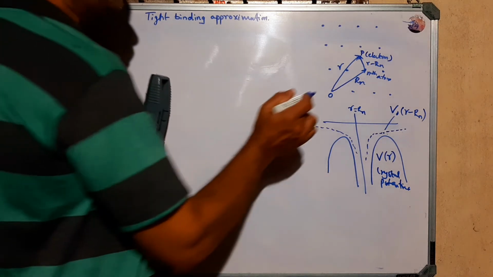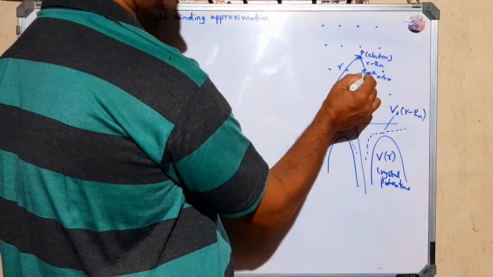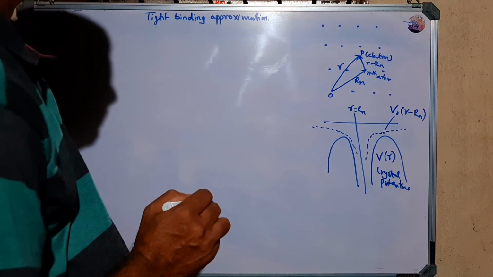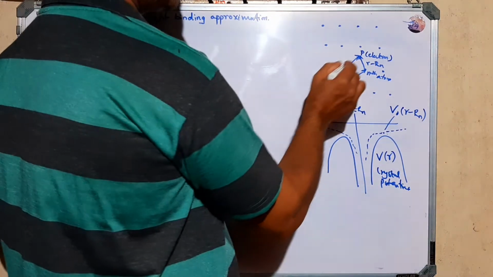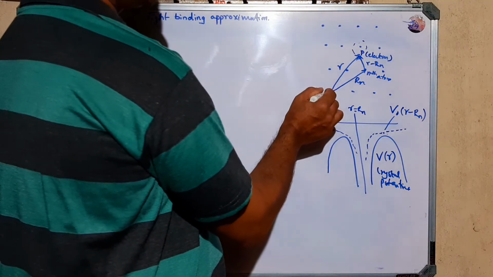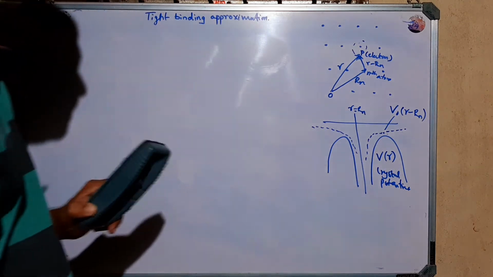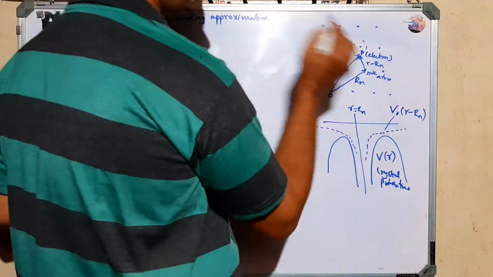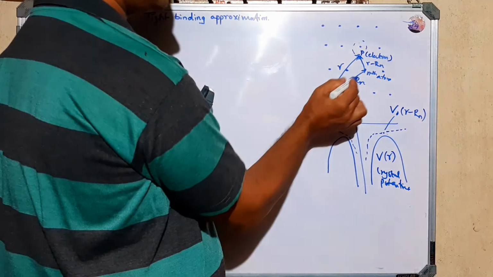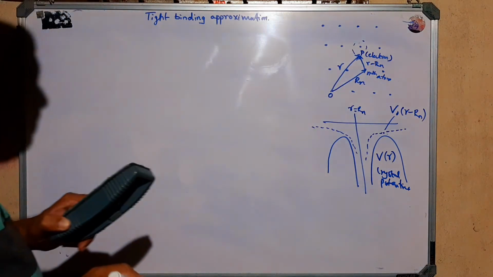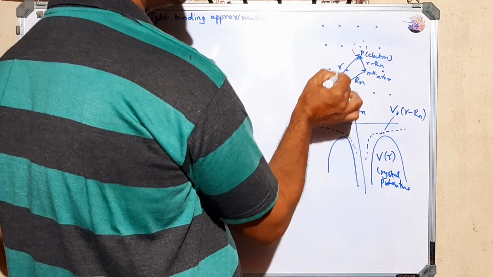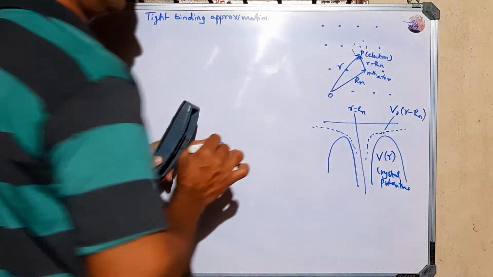I am considering an nth atom which is at a distance of rn from a reference atom O. Similarly, consider an orbiting electron which is at a distance of r from O. That means this electron is at a distance of r minus rn. It is a triangle of vector addition: two vectors are taken in the same order, then the resultant is taken in the opposite order.